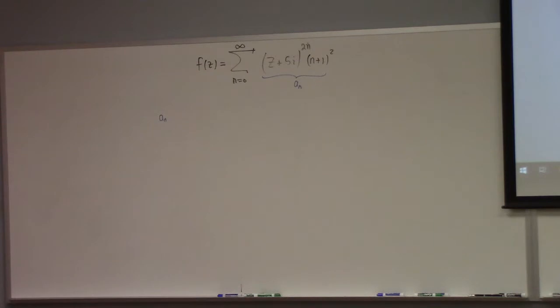Do you have to? No, you don't. The ratio test in the notes says that it suffices to look at the quotient of the a sub k's. Where you'll get into trouble is if you don't actually have z minus z naught to the n. Right. But we do here, so we're okay.